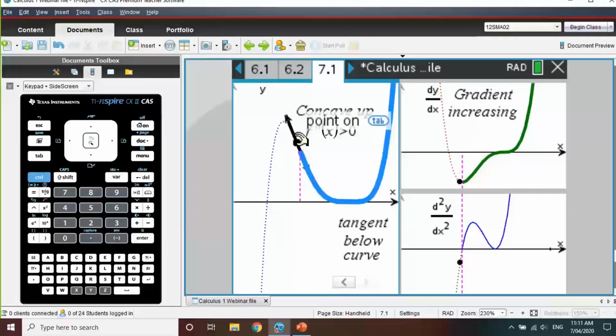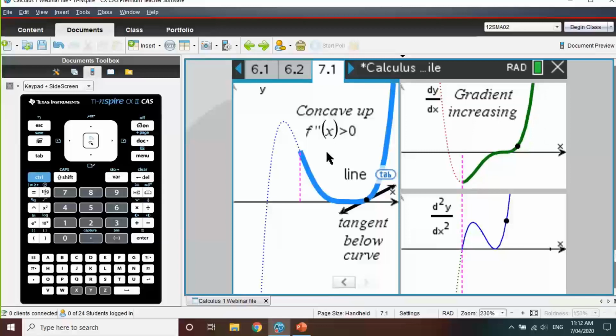And then as we move along, that second derivative is always positive. And even when we touch 0 for our second derivative at the minimum, either side, we're still getting a positive second derivative. And also, more importantly, for our gradient function, for this part of the graph here, it's always an increasing function. So the function there is increasing.